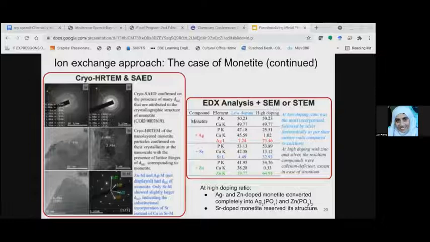This was confirmed using energy dispersive X-ray analysis in combination with scanning electron microscopy and scanning transmission electron microscopy. Since these minerals can easily encounter electron beam damage, I used cryo high-resolution transmission electron microscopy, and I could confirm the crystallographic structure at the nanoscale of the monetite phases.